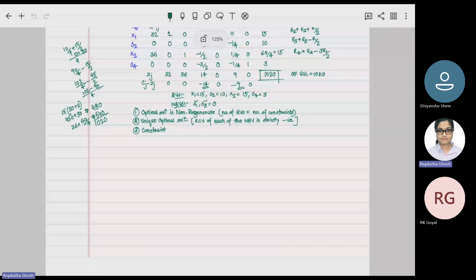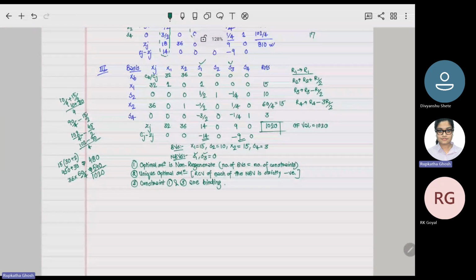Similarly, constraints 2 and 4 are non-binding. Okay. So now you have gotten this idea.